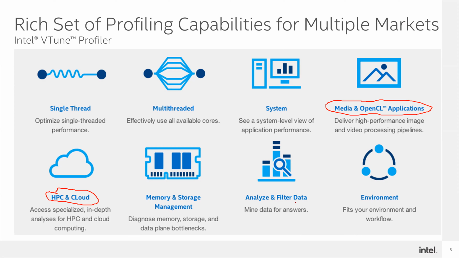So the analyzing and filtering features that we have in VTune are very well proven, and we could integrate them in your environment, either in IDEs, where you can use Eclipse on Linux or Visual Studio on Windows, or you can use command line and maybe build regression tests by using command line.